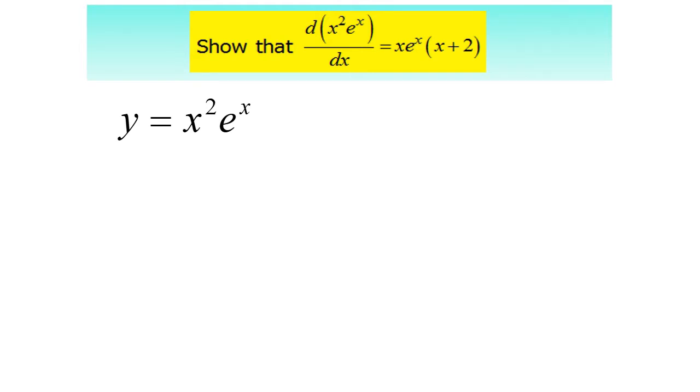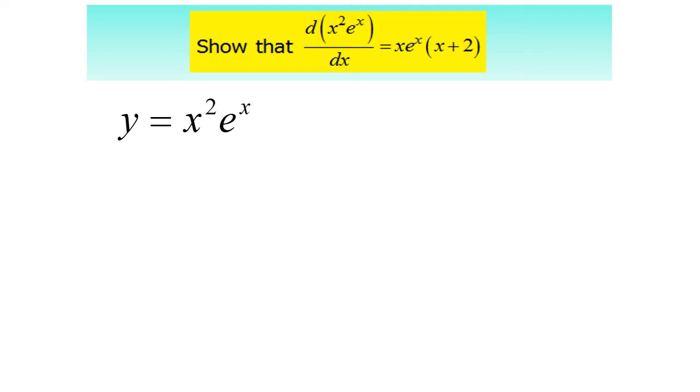So for the first question, we have to show that when we differentiate x squared e^x, we will get x e^x (x plus 2). So first, we will let y is equal to x squared e^x. From our previous semester, during semester 1, we know that in this case, we will apply the product rule.